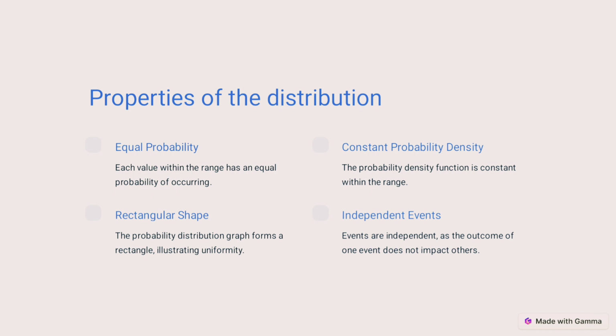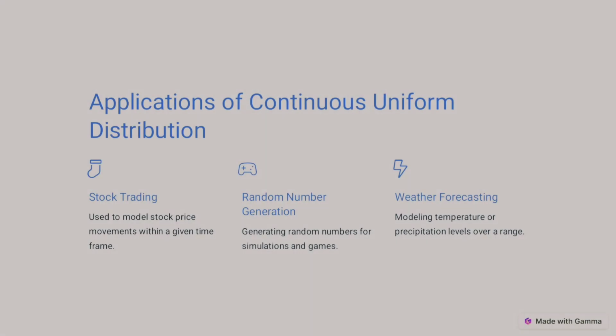It means the events are individual. Suppose there are four outcomes, none of them affect each other. That's the independent events. Now we are going to move ahead.